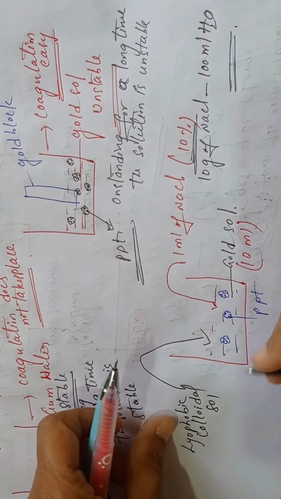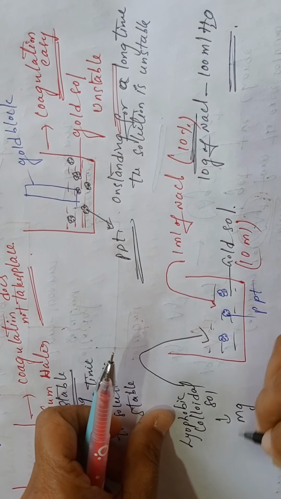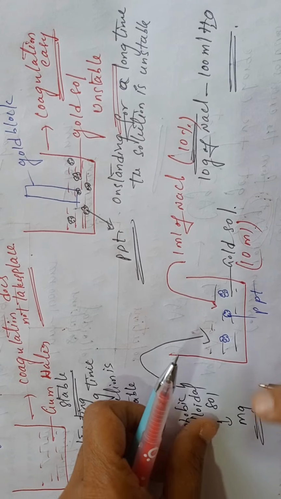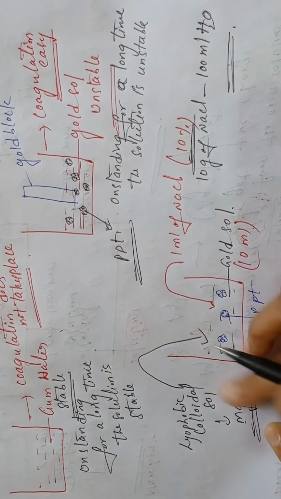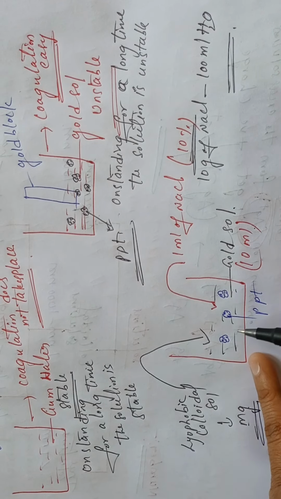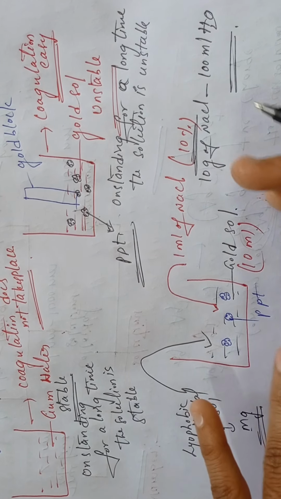How much are we adding? Just milligrams, students. When we add just a small amount to the solution, the precipitate disappears, students.